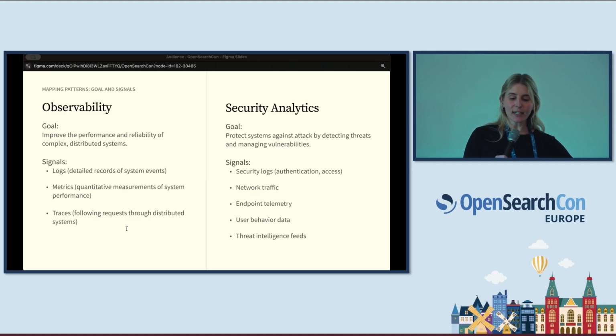Security analytics focuses on security logs and audit trails, network traffic analysis, endpoint telemetry, user behavior analytics, and threat intelligence feeds. The response actions are also different in some ways. Observability triggers responses focused on system optimization, performance improvement, and resource allocation, while security analytics responses are focused on threat containment, attack mitigation, and security policy enforcement.